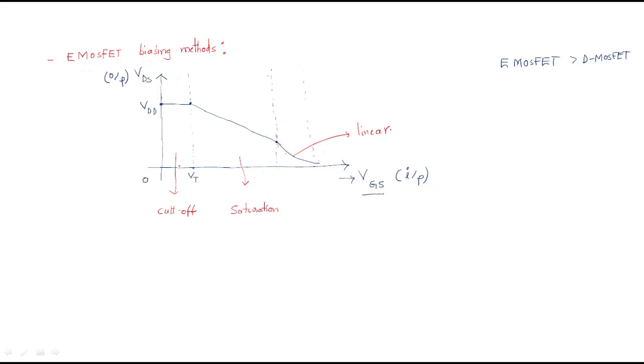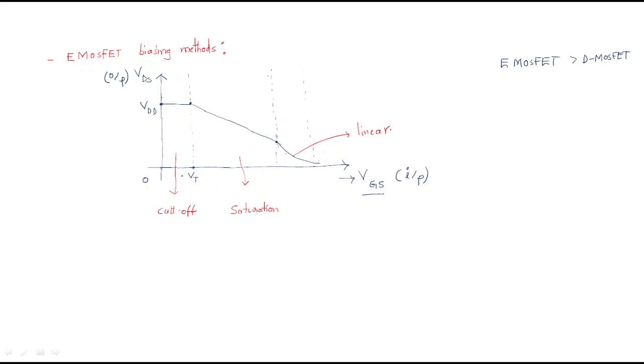Up to the threshold voltage, VDS is always the drain biasing voltage VDD, so it acts as an off switch.